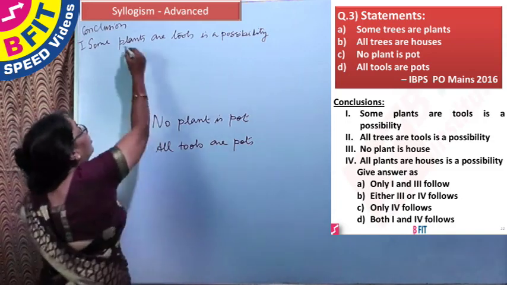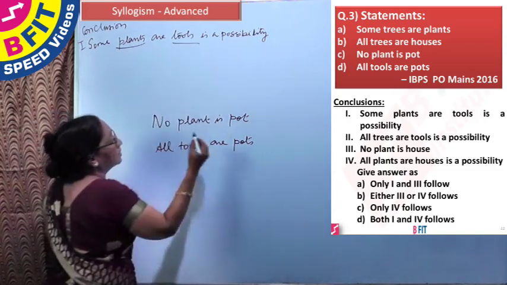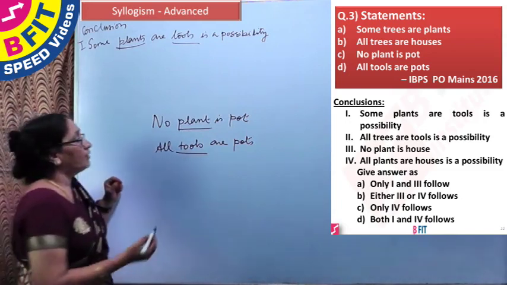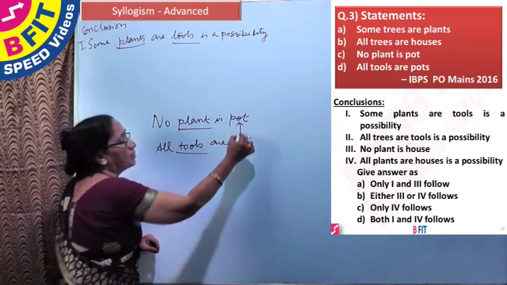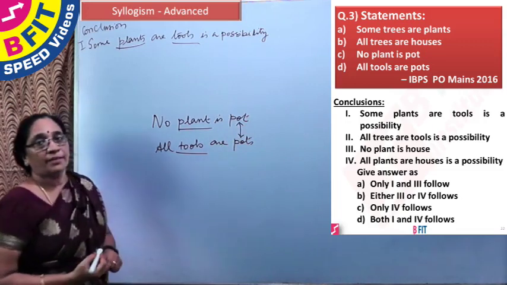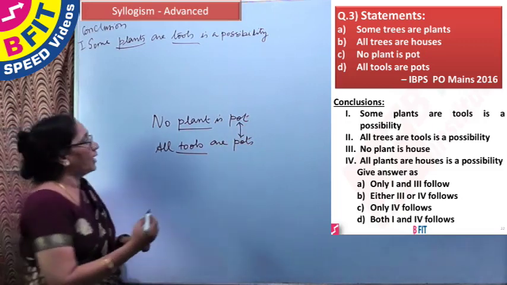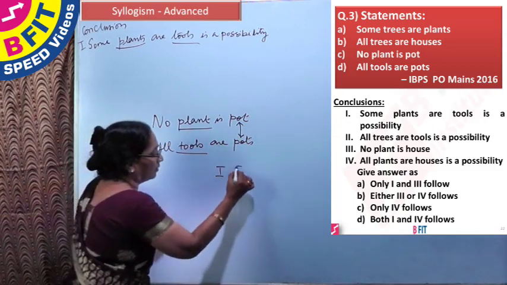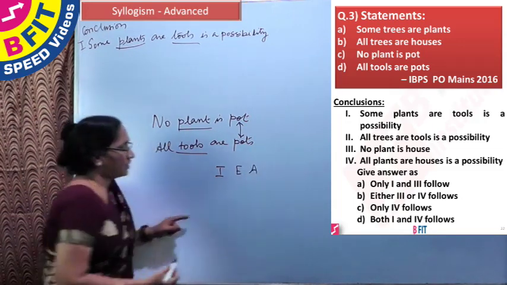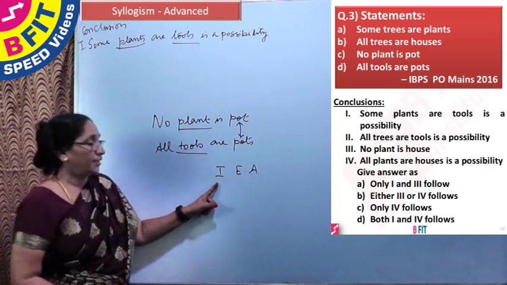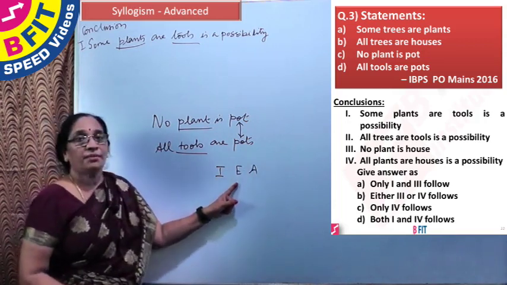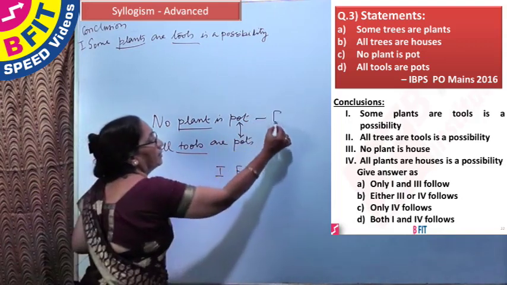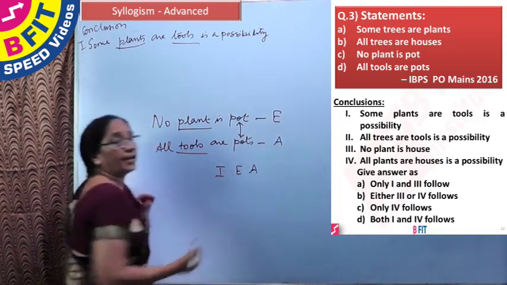We have plant and tools in these two statements, and we see that the common terms are not aligned properly. We also know that the priority for alignment is: first we'll have to realign the I statement, and then the E statement, and then only the A statement. We have an E statement and A statement.